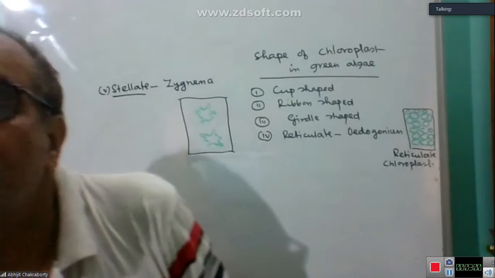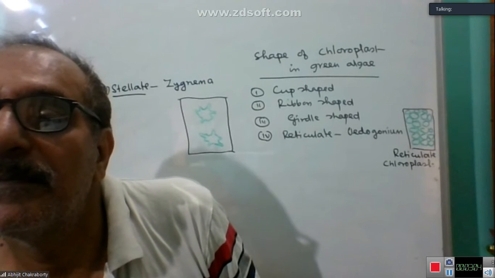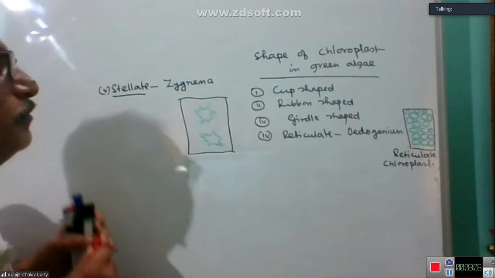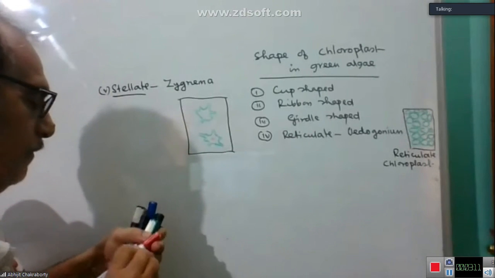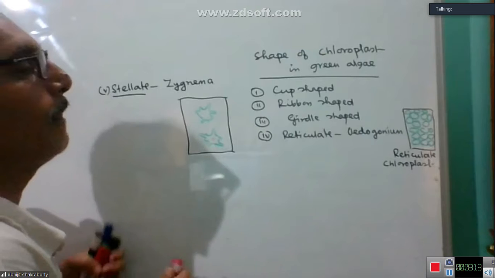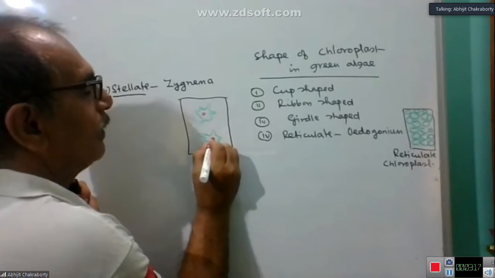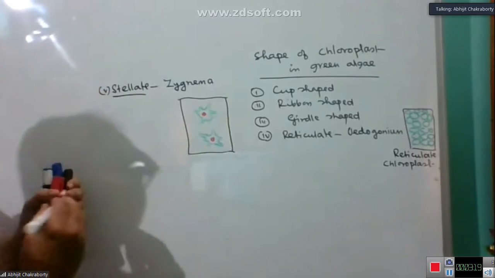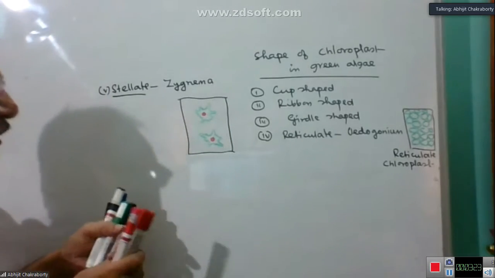Inside which is the pyrenoids. So this is the star-shaped chloroplast found in Zygnema.